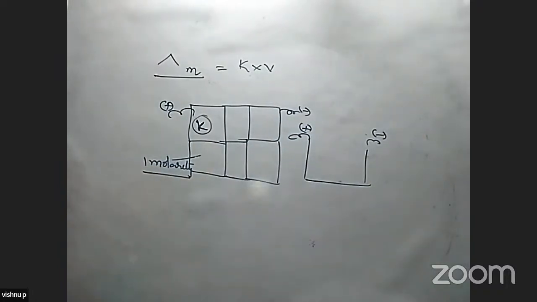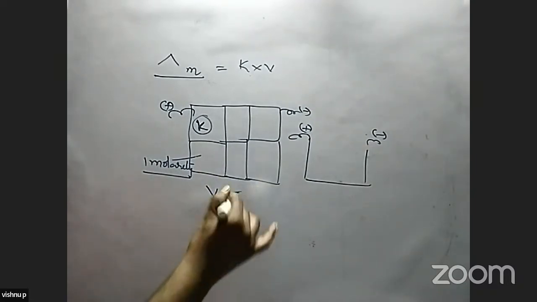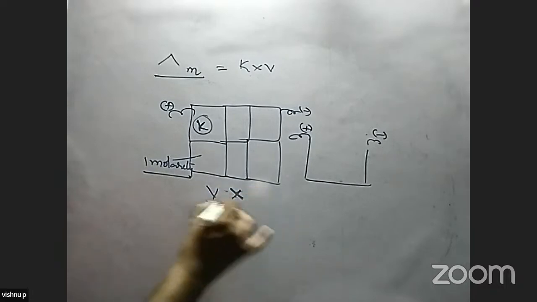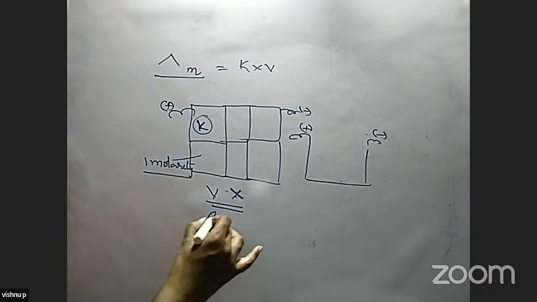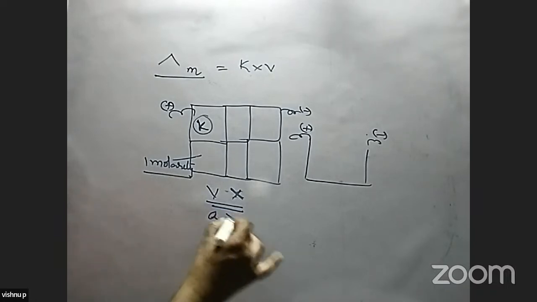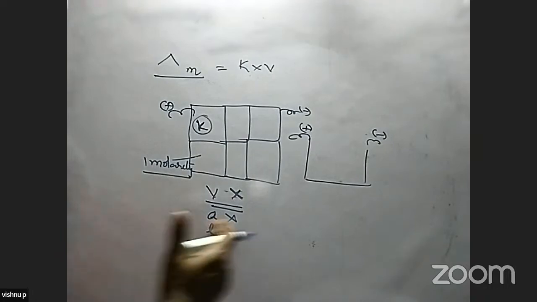Means here in molar conductivity, volume is not fixed. Volume is unknown. Area of cross section and length are not fixed. So the distance is large enough so that the total electrolyte is accommodated. This is called molar conductivity.